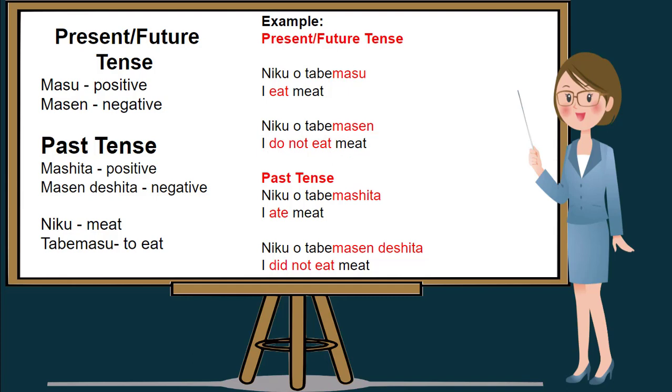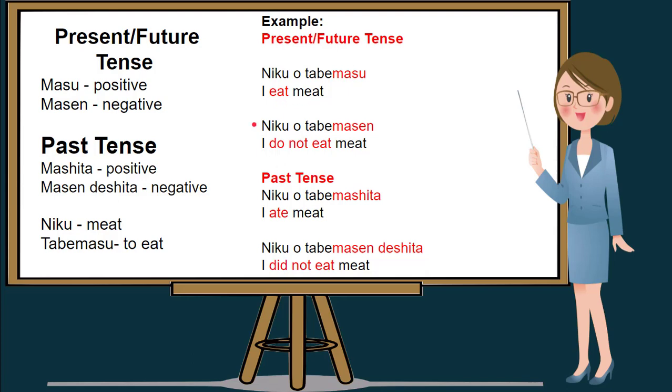Okay, let's try to read these Nihongo sentences once again. Niku o tabimasu. Once again, please follow after me. Niku o tabimasu. In English, I eat meat.